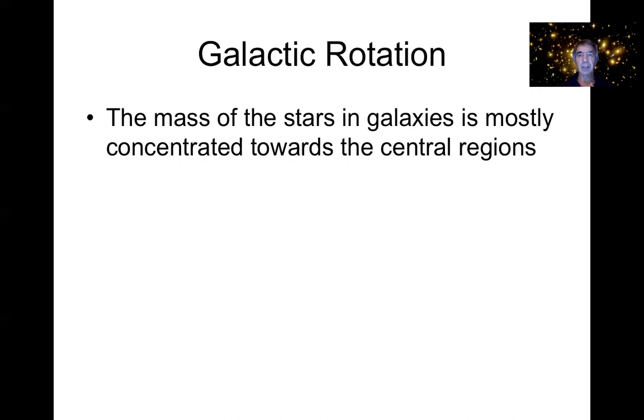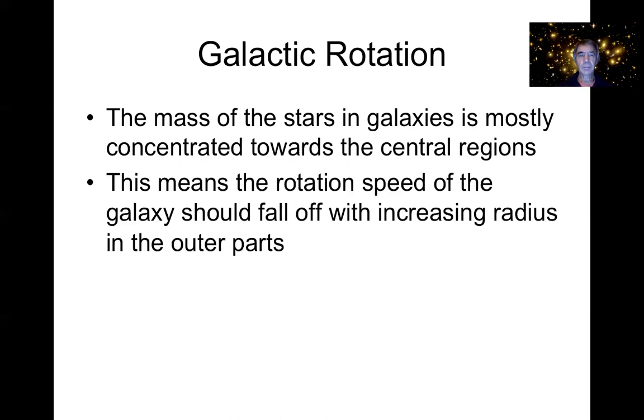That's where most of the starlight comes from. And so, therefore, we'd expect most of the mass of a galaxy, if it was purely dominated by the stars that make it up, to be reasonably in towards the center.